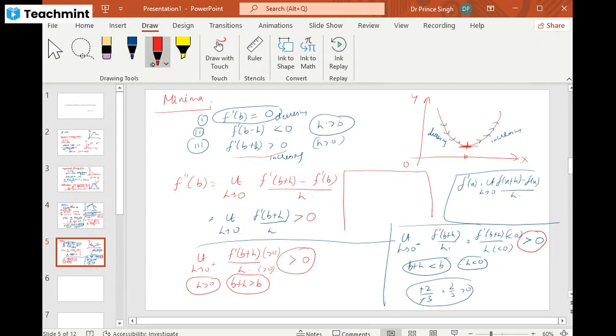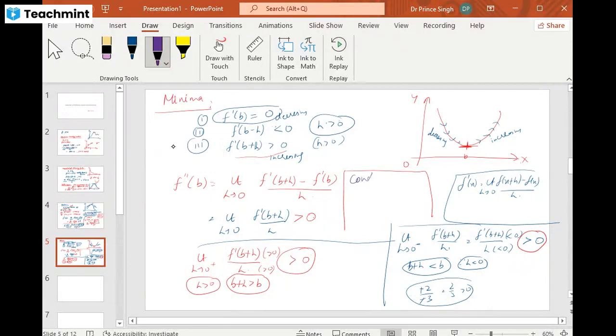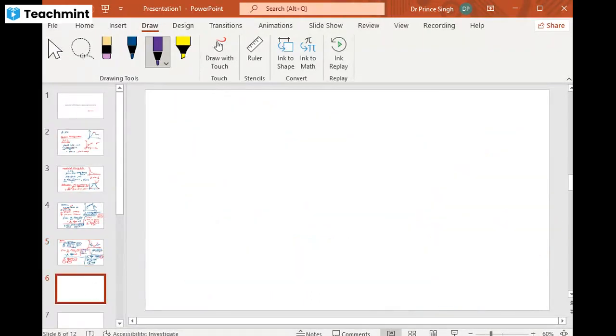So what is the condition of minima here? The condition of minima is f dash b is 0 and f double dash b is greater than 0. Then b is the point of minima. Okay, so how do we conclude this?